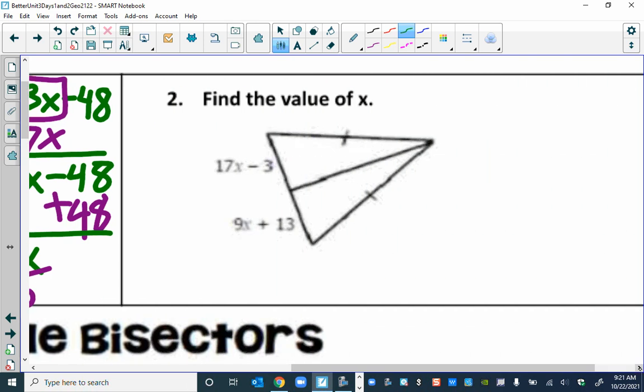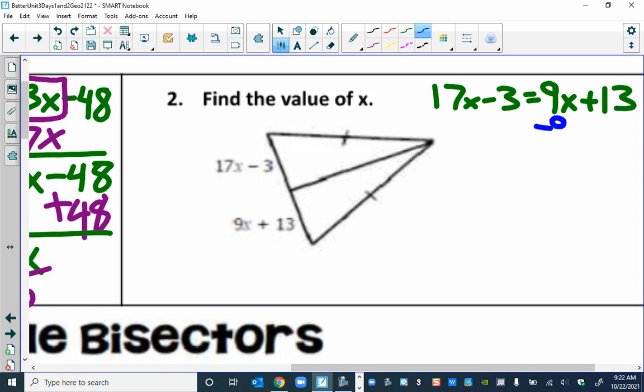Number 2. Did anybody solve for X? Or we're still working on it? How about X equals 2? You got X equals 2? All right, that looks correct. Yep, that's going to be correct because subtract 9x first.